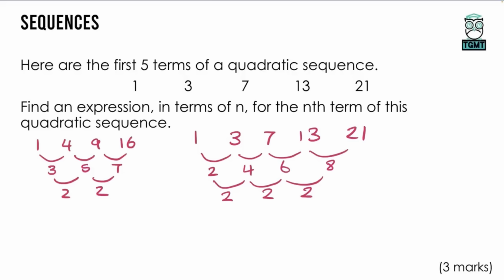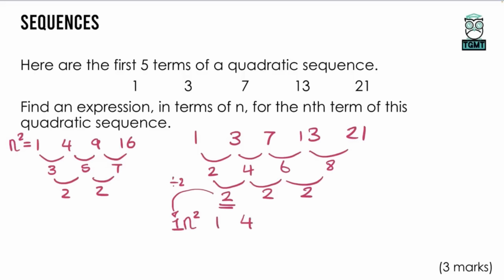Now, that sequence up there is called n squared, and n squared has a second difference of 2. So whatever you get as your second difference, to find what goes in front of n squared, because it can be 2n squared or 3n squared, you have to divide the second difference by 2, and that tells us that it's 1n squared.